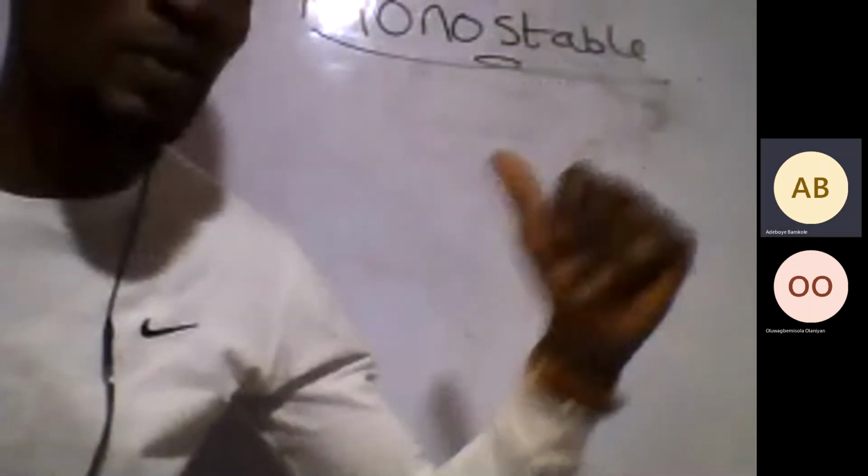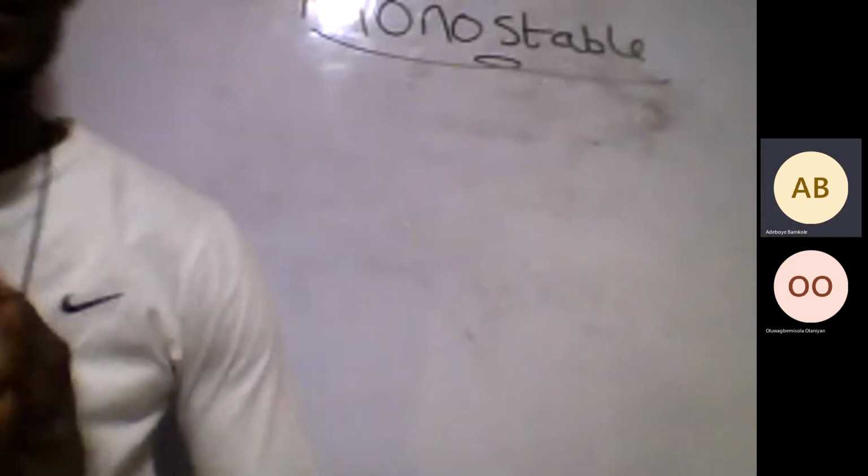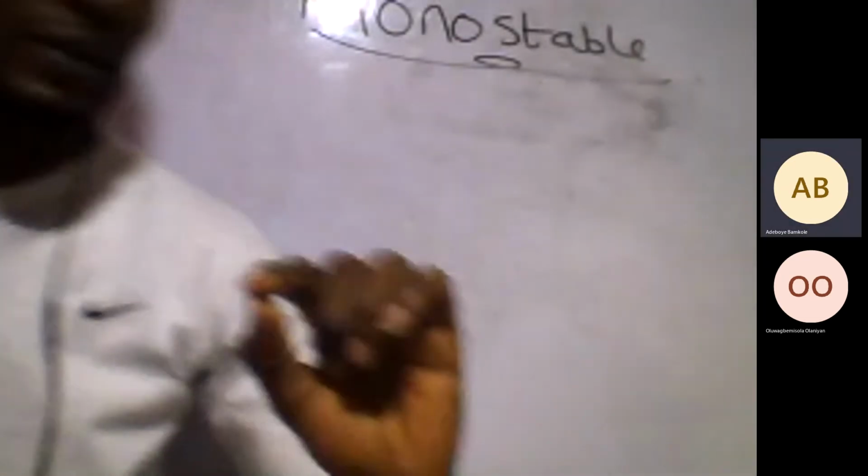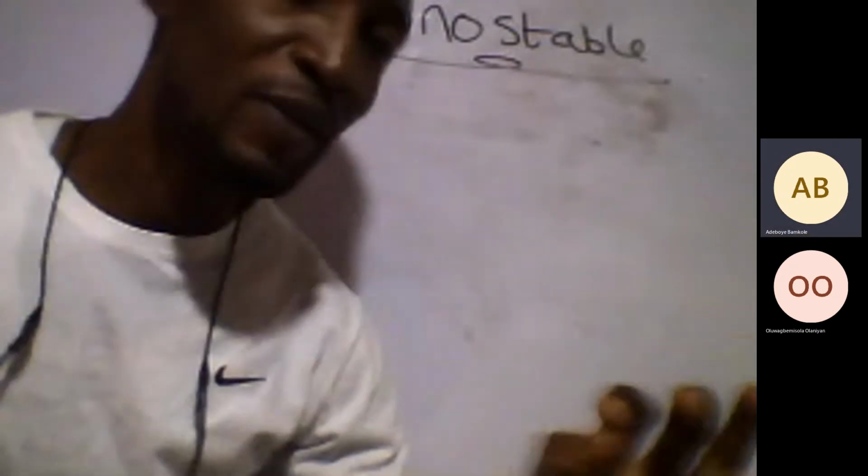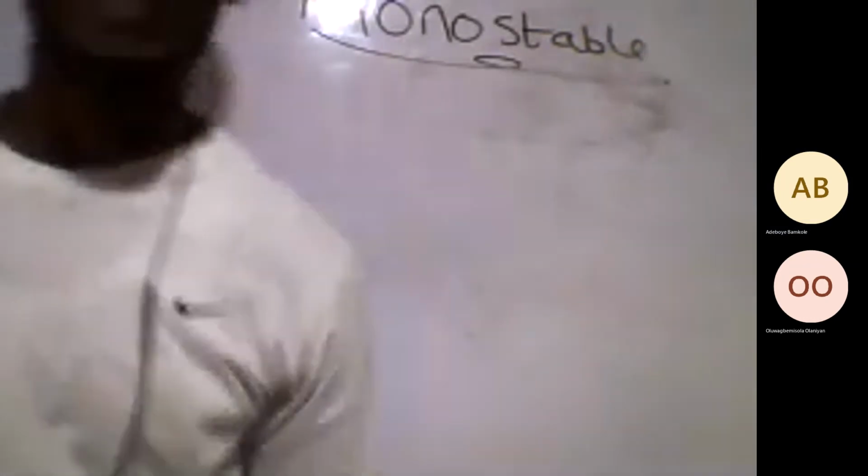Yes. Remember, the astable has no stable state. It is high, it is low, it is high, it is low. But in the case of monostable, it has a stable state. If you disturb it, let me use the word perturb, if you perturb it, it will respond but it will still come back.